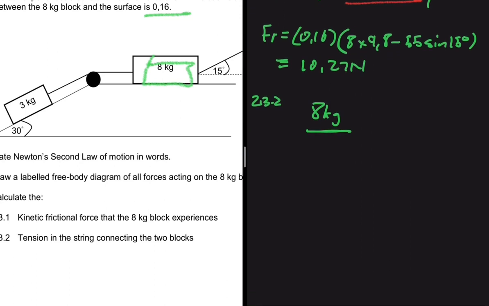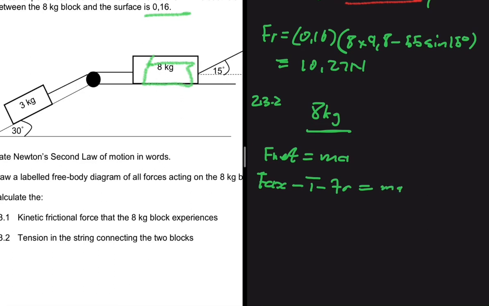So for the 8 kg block, I can say that F net is equal to MA. And then I say FAX, the force pulling the object, minus all the other opposing forces, that will be the tension and the friction, and that will all be equal to MA.